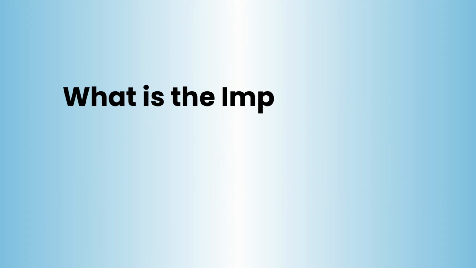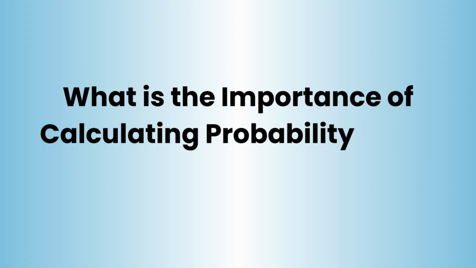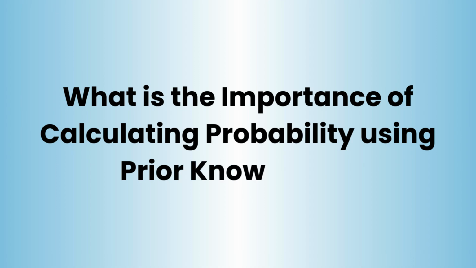But the question that naturally comes up is, as we have the prior knowledge of event A, then why do we need to calculate the probability again based on the data we have? The answer is simple. The prior knowledge about the environment or event is more like a theory.